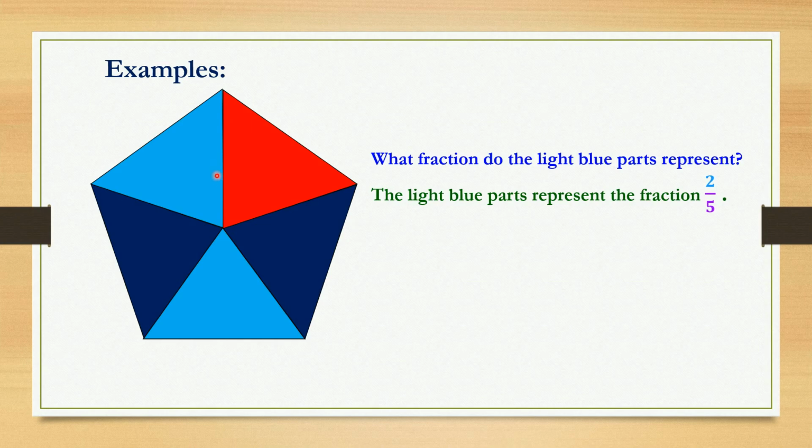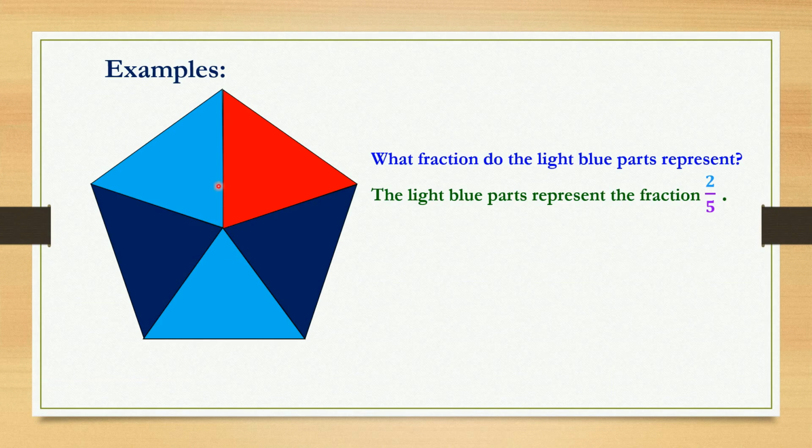So the light blue parts represent the fraction 2 over what? What is the total number of parts? 1, 2, 3, 4, 5. So here the numerator is 2, the number of the parts colored in light blue, and the denominator, it's the total number of parts. We have here 1, 2, 3, 4, 5 parts.